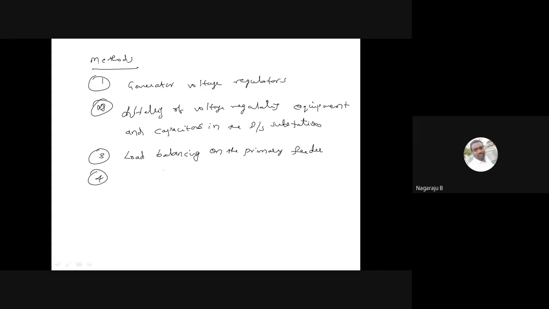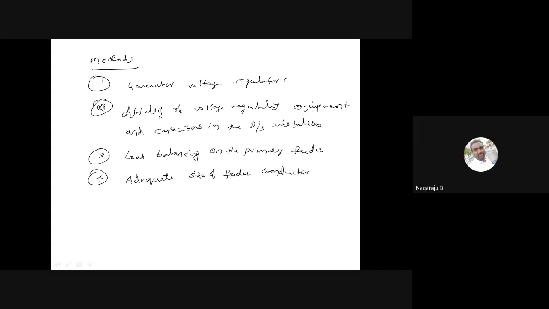Fourth one is, you can have an adequate size of feeder conductor.